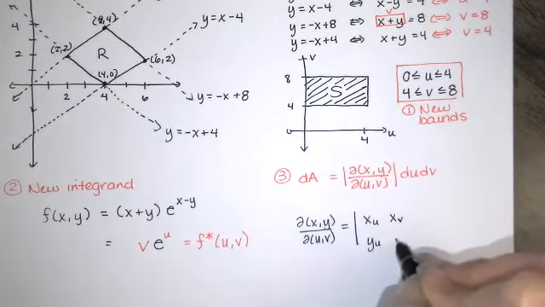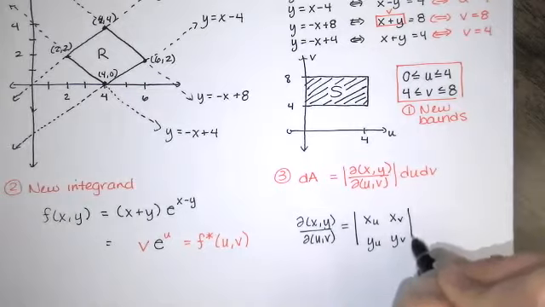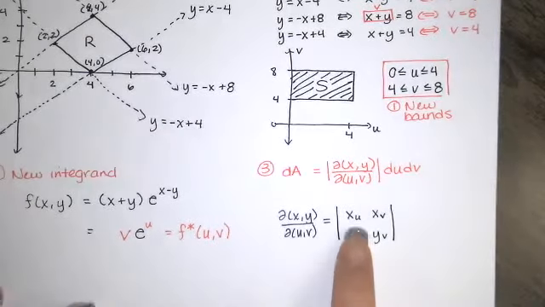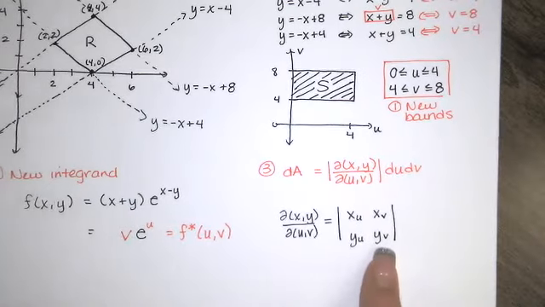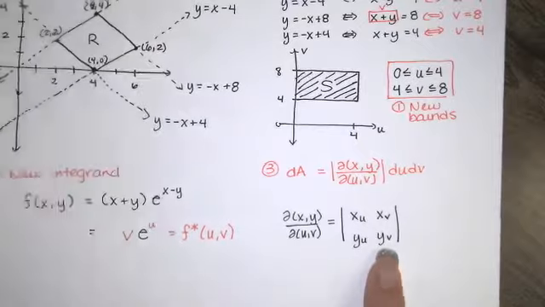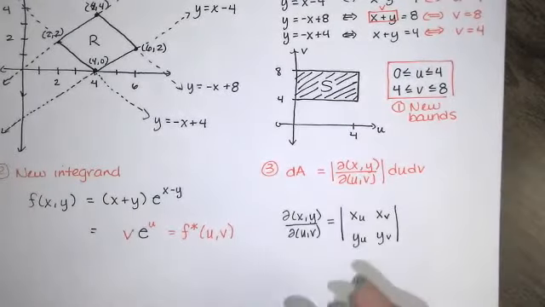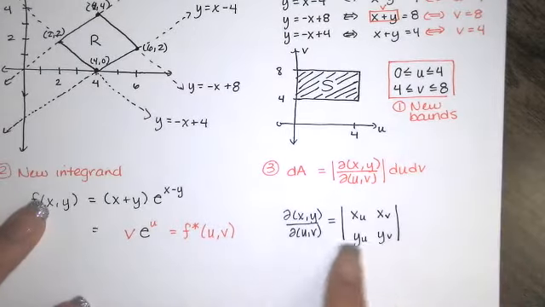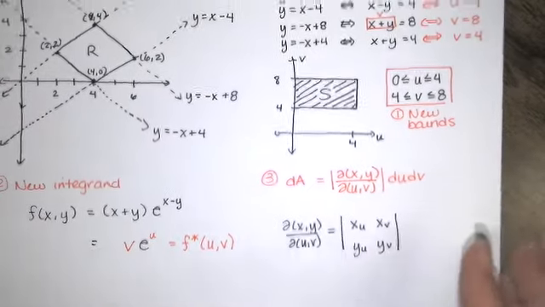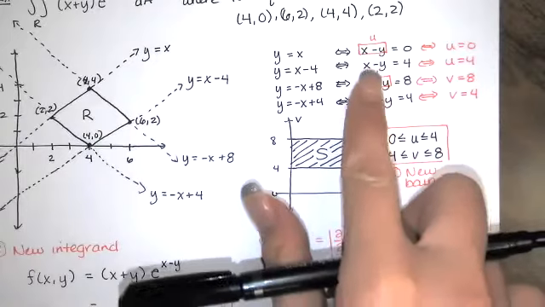The hard part, though, is finding x in terms of u and v, so you can take those partials, and finding y in terms of u and v, so we can take those partials. It's not that hard, but there is a step required. In order to get x and y in terms of u and v, we have to use these equations from earlier.